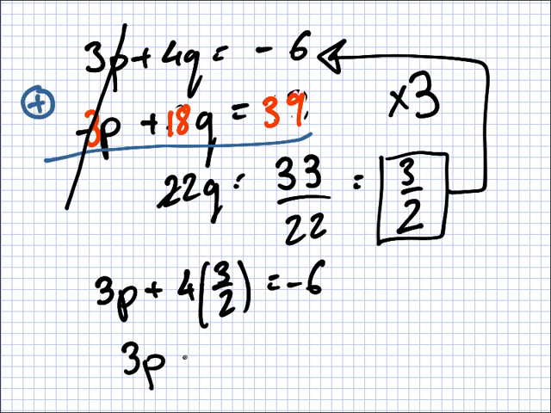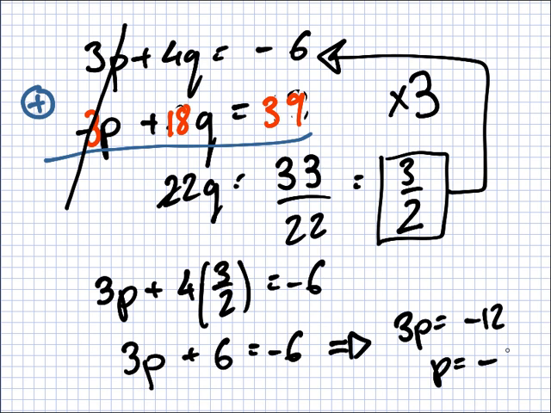So 3p plus 6 equals minus 6. So then that means you get 3p equals minus 12. So p equals minus 4. And you also have here, I'll just put it beside it, q equals 3 over 2.